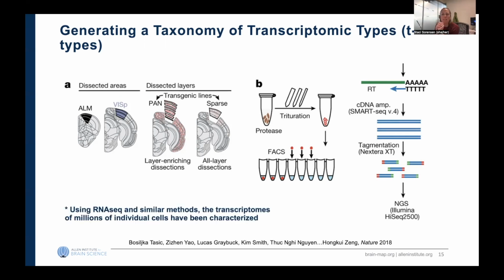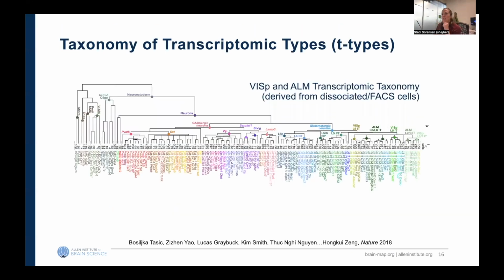Using this and similar methods, the transcriptomes of millions of individual cells have been characterized. We then use these transcriptomes to identify cell types based on the pattern of differentially expressed genes. Here I have cells grouped into a hierarchy where cells are split out from glial cells.